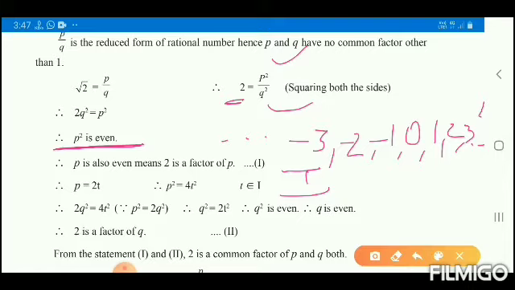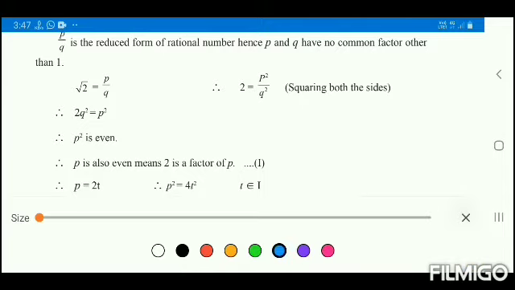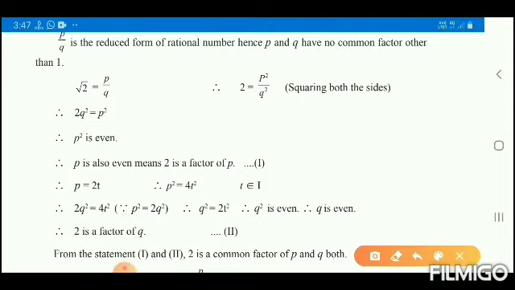Now look here, p and q both are even. Therefore 2 is a factor of q. Upside we proved that 2 is a factor of p and here 2 is also a factor of q.